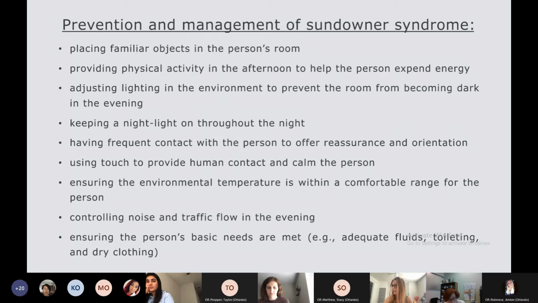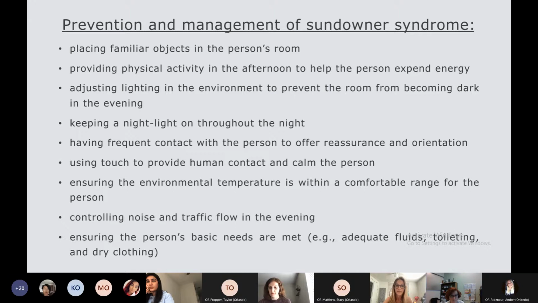Okay, so the prevention and management of sundowner syndrome: just keeping that familiarity as much as possible with the patient, providing physical activity as the patient can tolerate, to help expend the energy. Again, like I said, not overstimulating with the light.